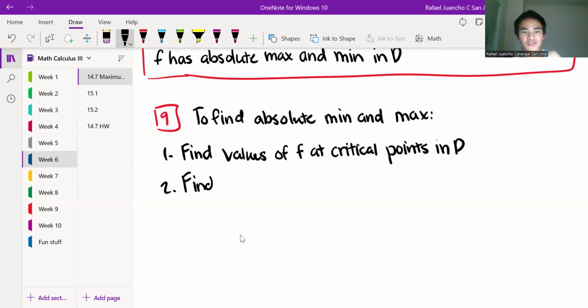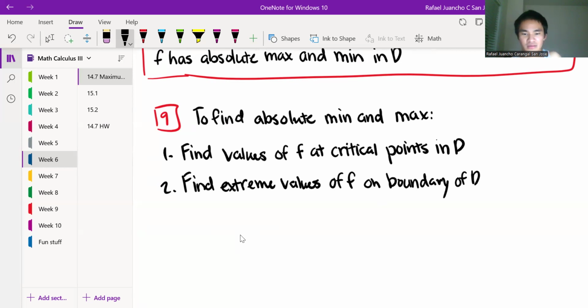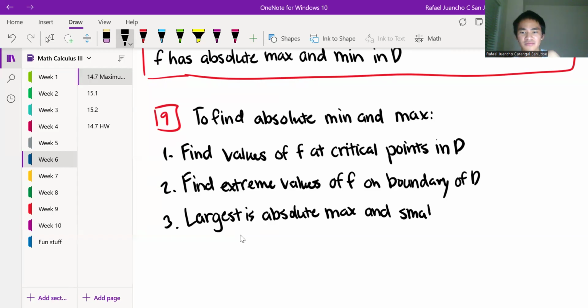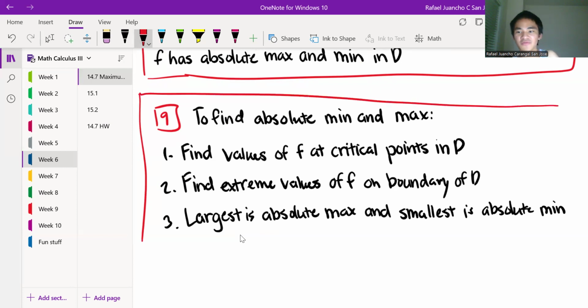Step 2, we find the extreme values of f on the boundary of D. Then the largest of the values from steps 1 and 2 is the absolute max, and the smallest is the absolute min. That's the idea we want to follow.